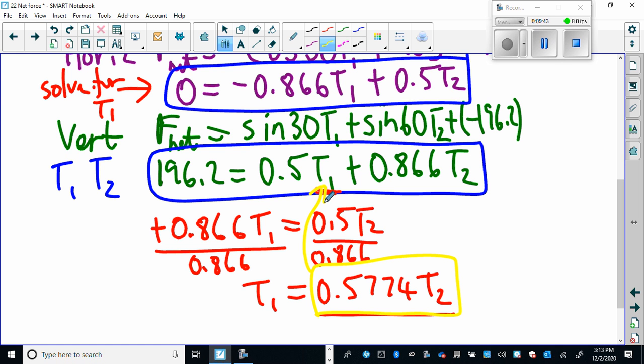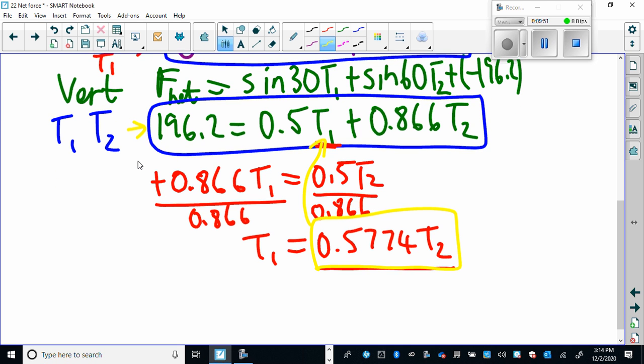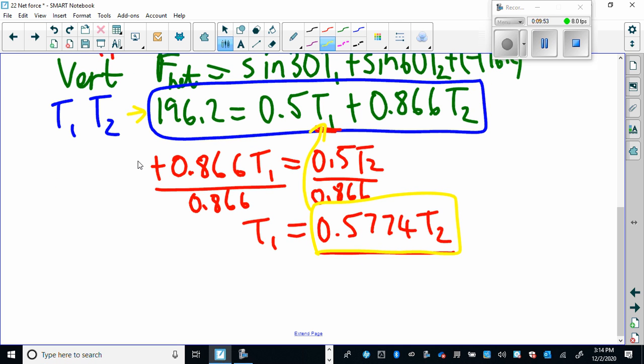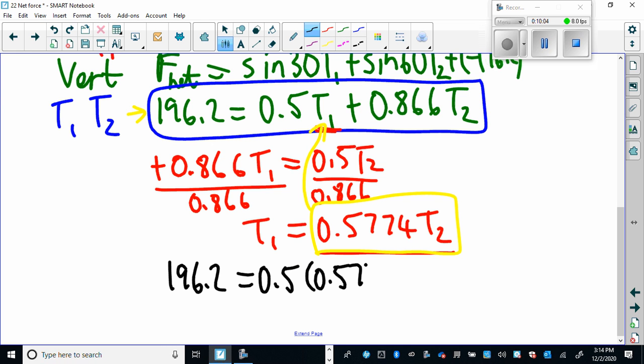If we substitute it into this equation right here, then all of a sudden we have one equation with one variable, and that's really easy to solve. So it's going to be 196.2 equals 0.5, and now instead of writing T1, I write this 0.5774 T2, plus 0.866 T2.